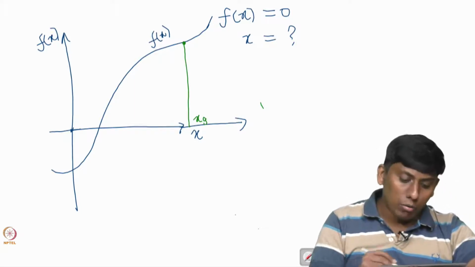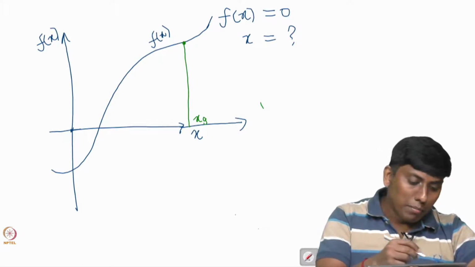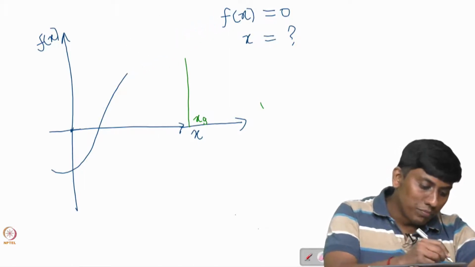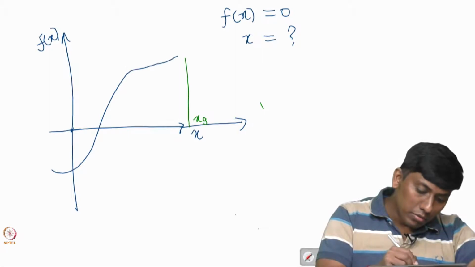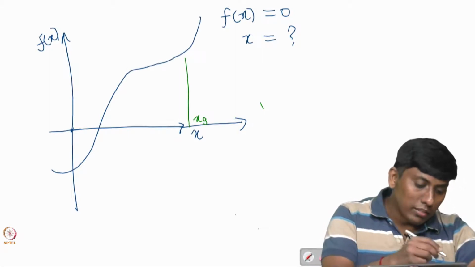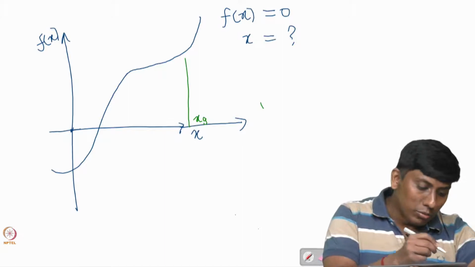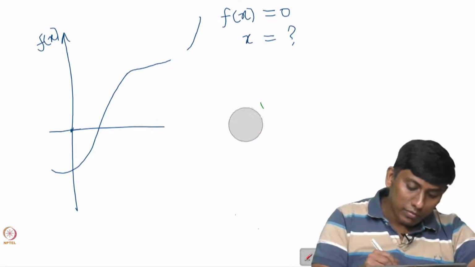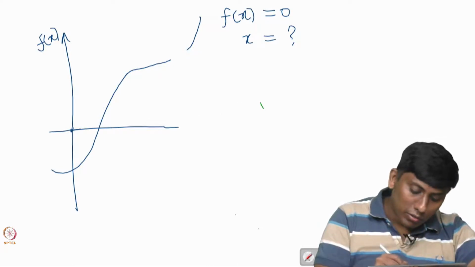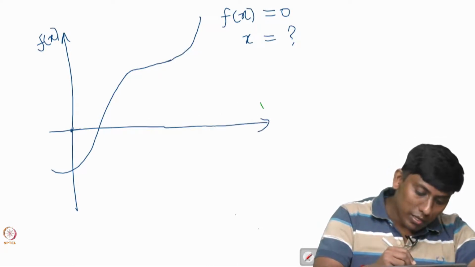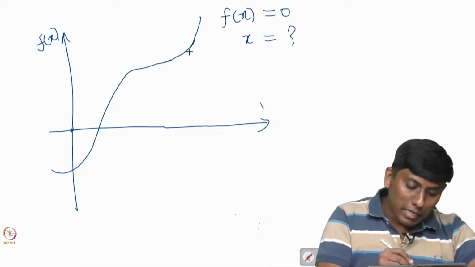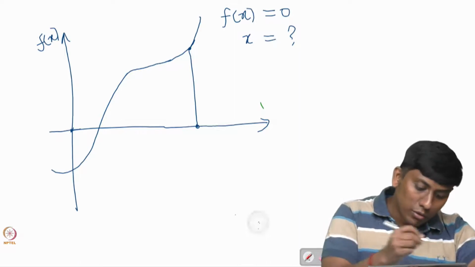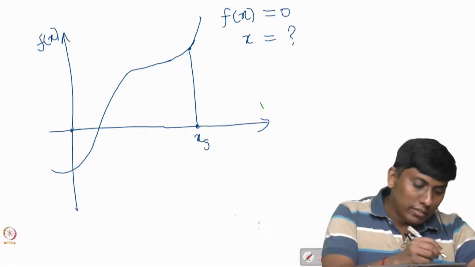Now I can make a slope. I am taking a guess something like this, this is my initial guess, which I call x g.